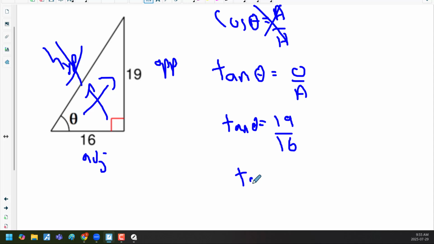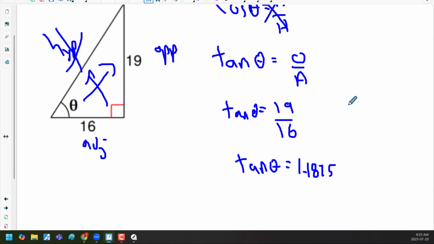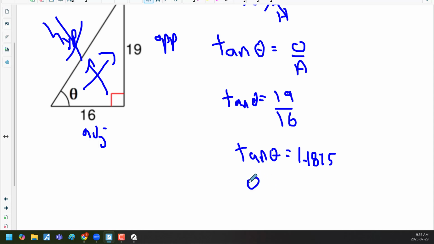Simple, exactly the same steps as previous. 19 over 16 is what? It's 1.1875, I believe. Just use a calculator to figure that out. And then you just do theta. So it's the inverse tan of 1.1875.